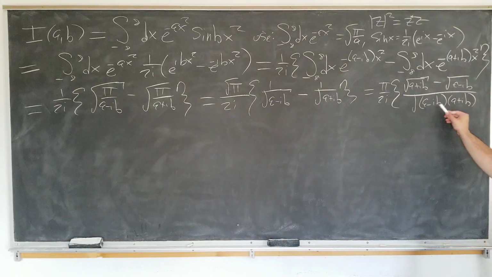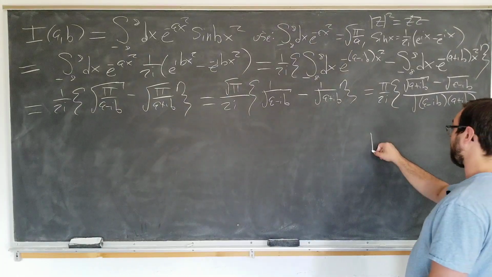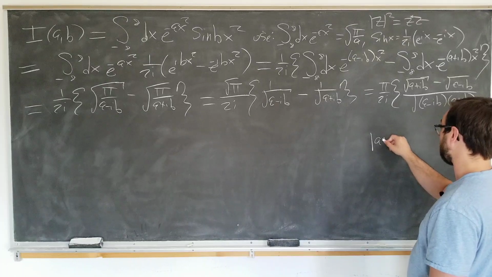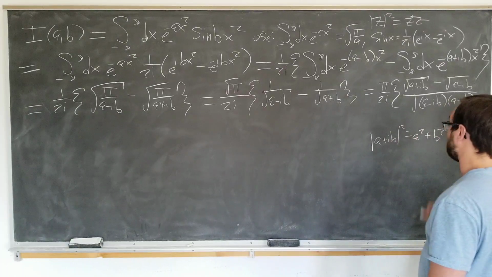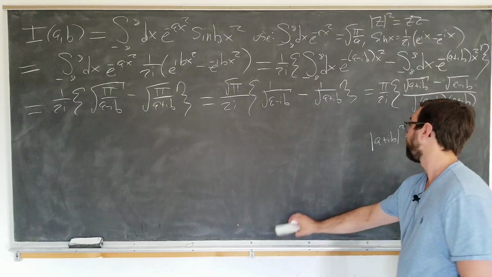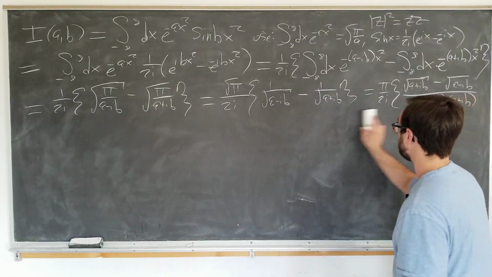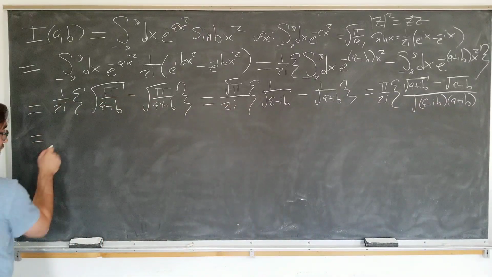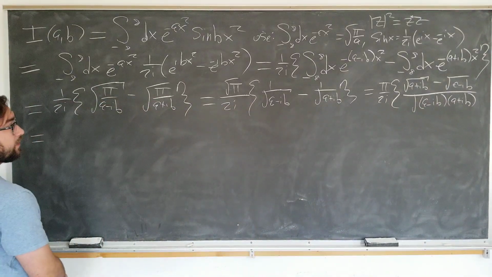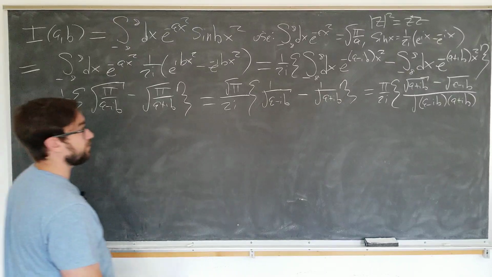So this is just the modulus squared, or we know that the modulus squared of a plus ib is a squared plus b squared, just from elementary complex number theory. So you can rewrite this as, we have, sorry, there's a square root on this pi.